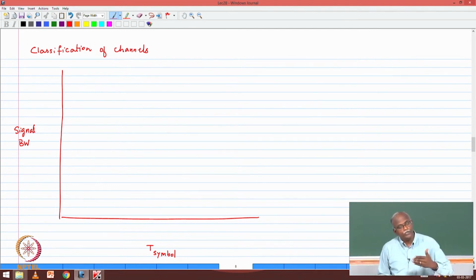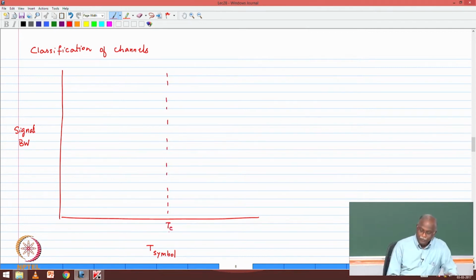Now, how would you relate the symbol duration to coherence time in the context of a slow fade? Symbol duration much smaller than coherence time. So the one that is going to divide this axis is coherence time. If your symbol duration is much less than coherence time, we call it slow fading.